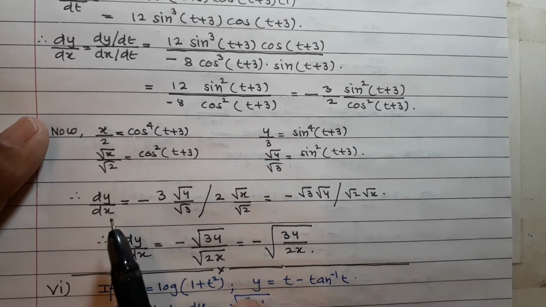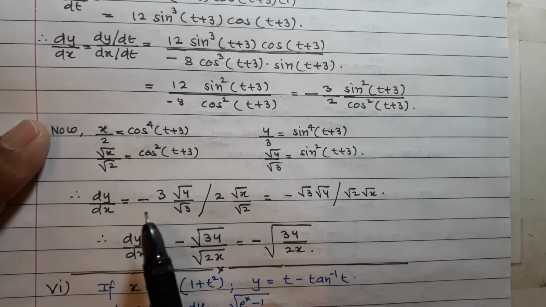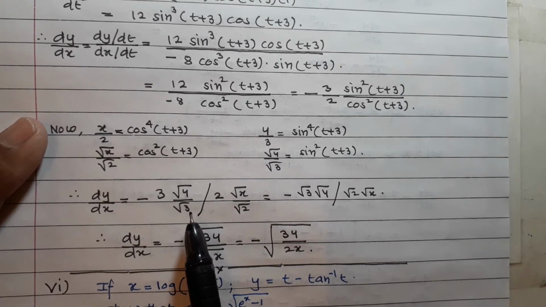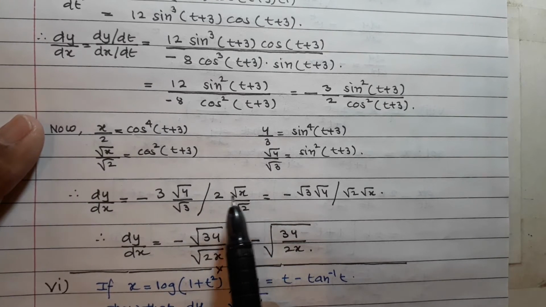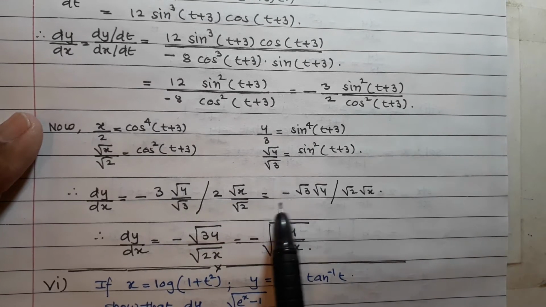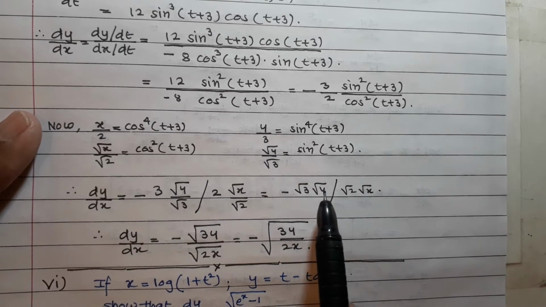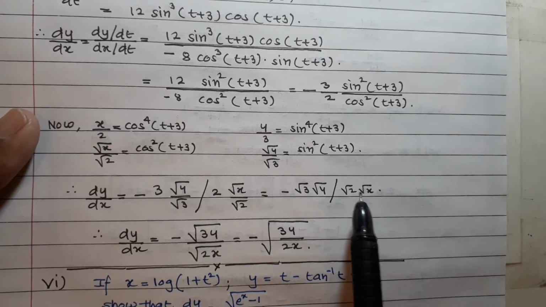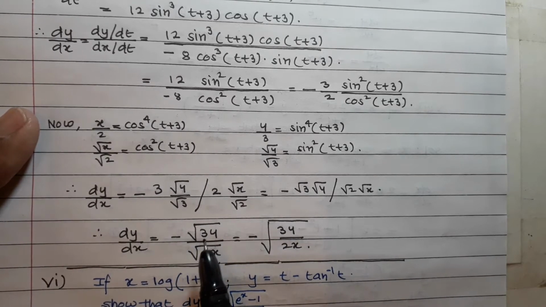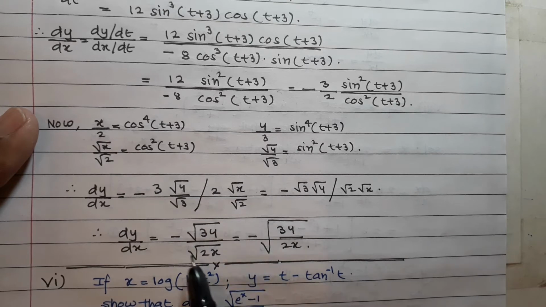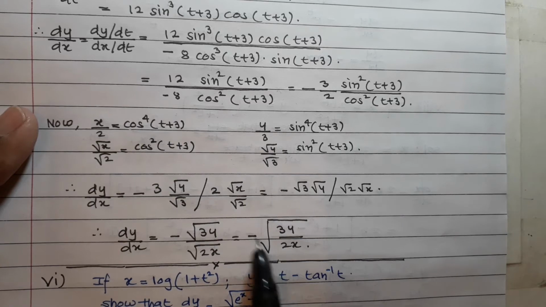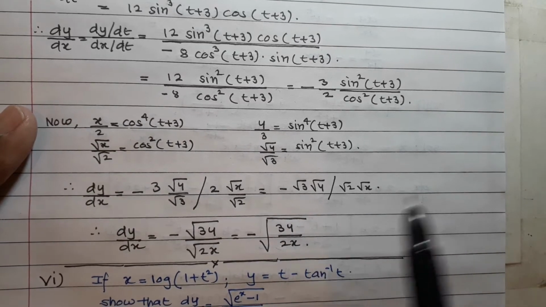So dy/dx is equal to minus 3 into root y upon root 3, upon 2 into root x upon root 2. Simplify. It is equal to minus root 3 root y upon root 2 root x, and therefore dy/dx is equal to minus root(3y) upon 2x.